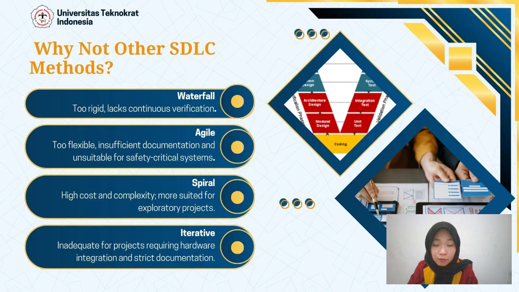And then Spiral allows for risk management, but it's too complex and costly for this specific case. And then iterative development might work in simpler software systems, but is not ideal when hardware-software integration and real-time performance are crucial.